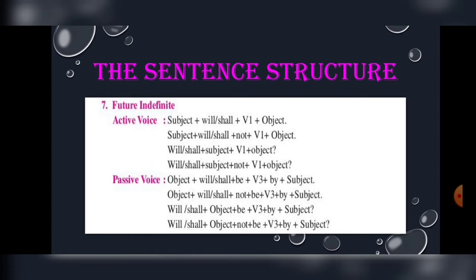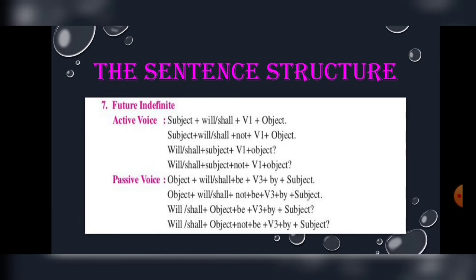In the interrogative sentence, will or shall will be in the beginning followed by subject, first form of the verb and object. And in negative question, will or shall will be followed by subject plus not plus first form of the verb and object.